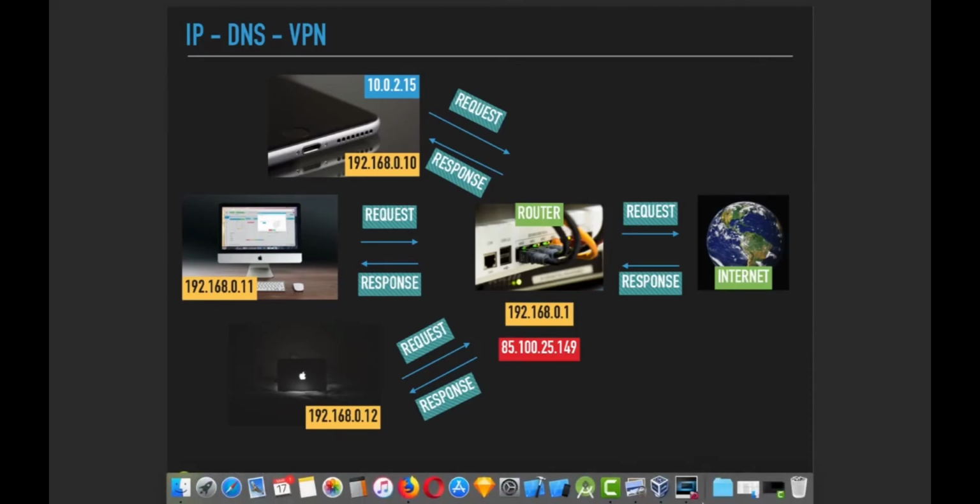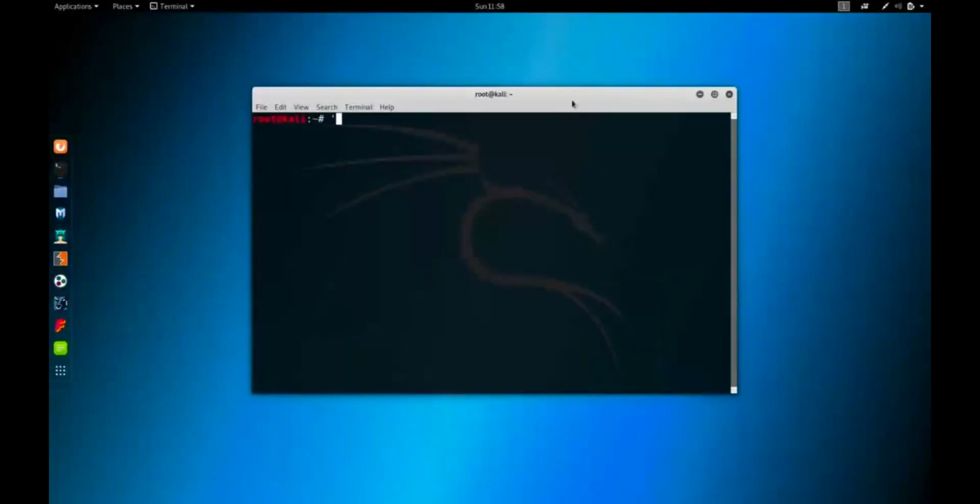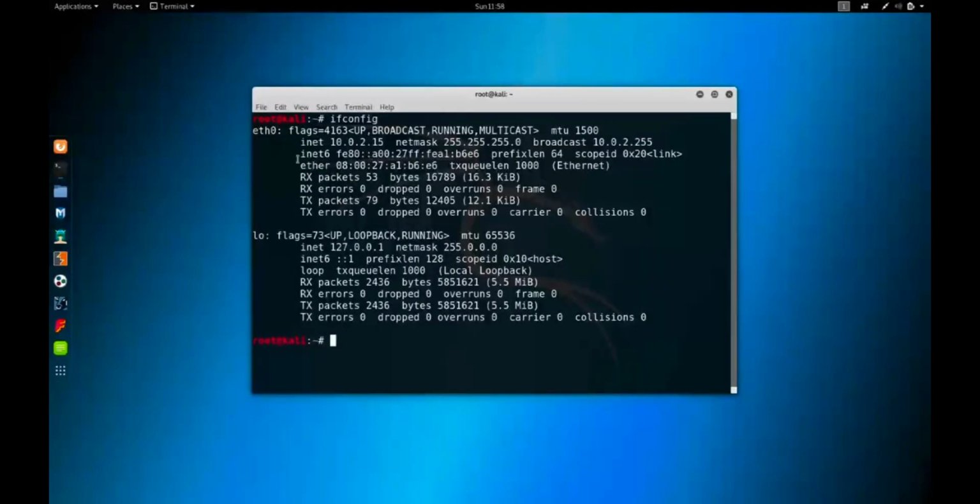You have to go to your Kali Linux machine, for example, and if you type ifconfig here like we did before, it will show you something called eth0, and this is your internet interface. You're connected to the internet by a wired connection, supposedly.